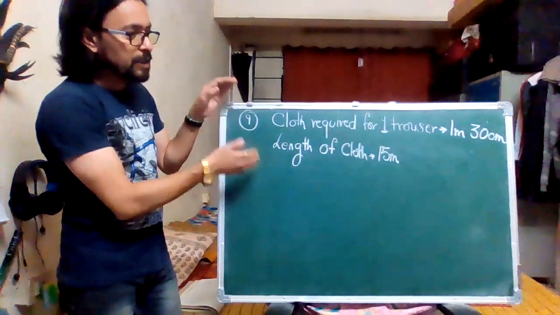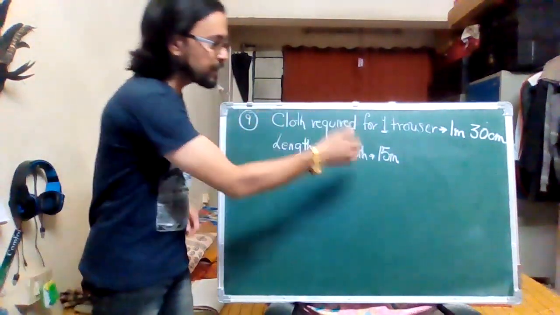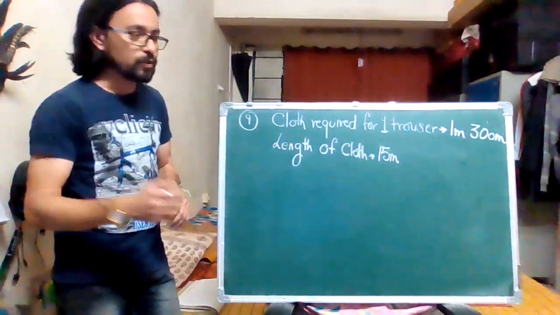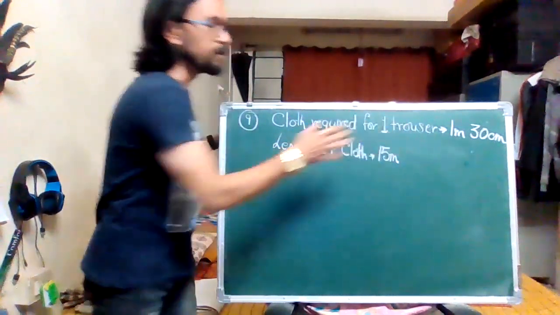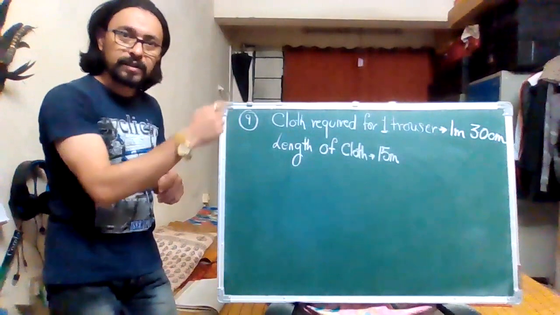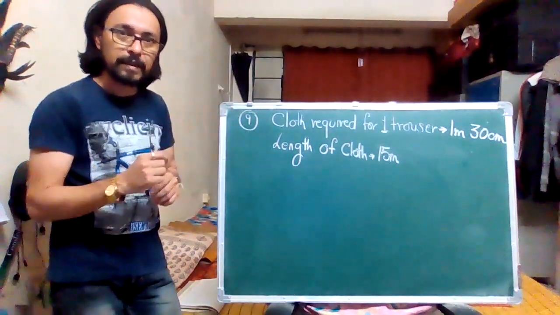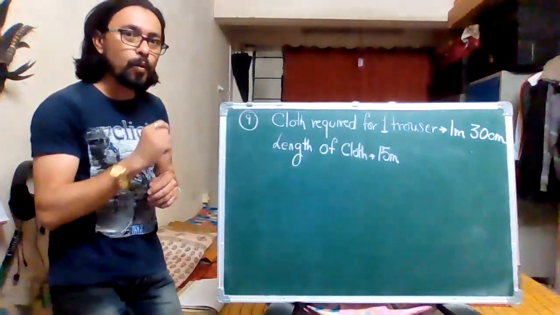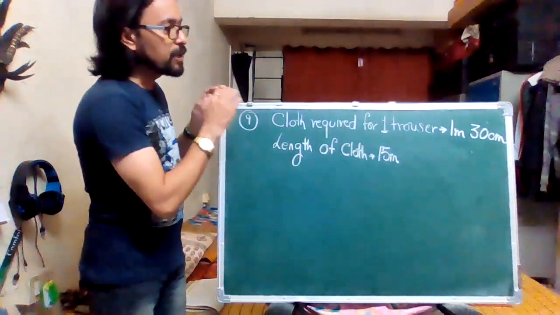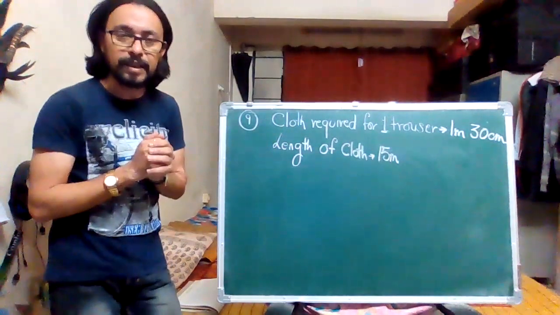But whatever may be the operation between these two numbers, which I will tell you later, I cannot work with meters and centimeters together. Either both the quantities should be meters or both the quantities should be centimeters. So here I will convert everything into centimeters.